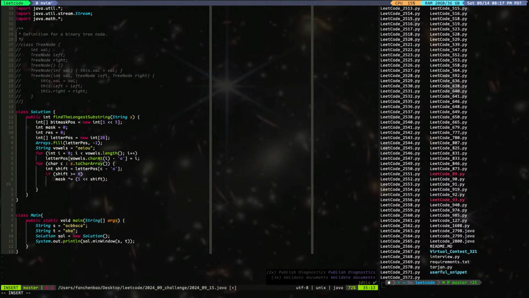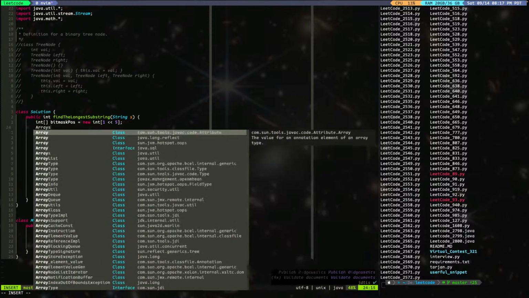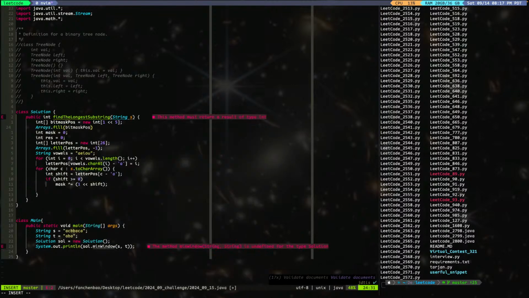Okay, and then I also need Arrays.fill of bitmask position with -1.